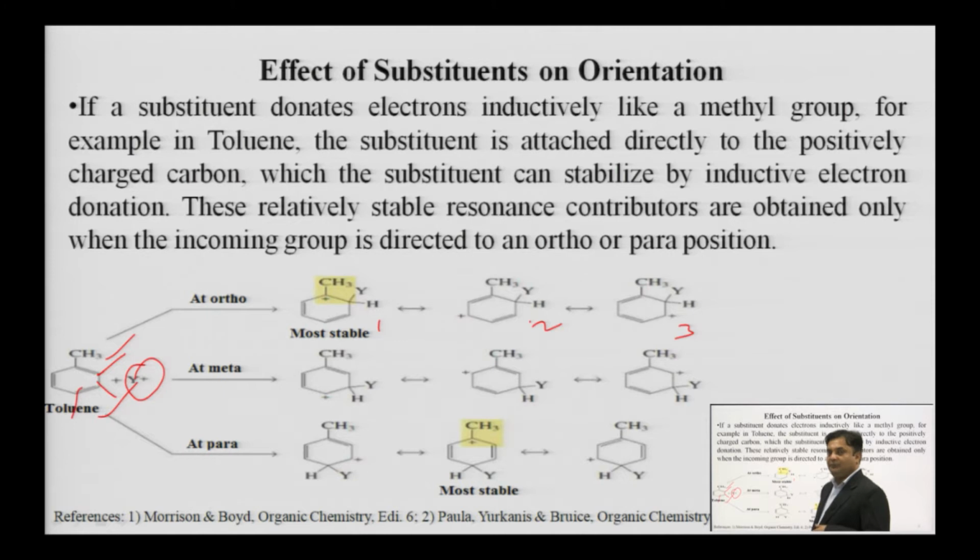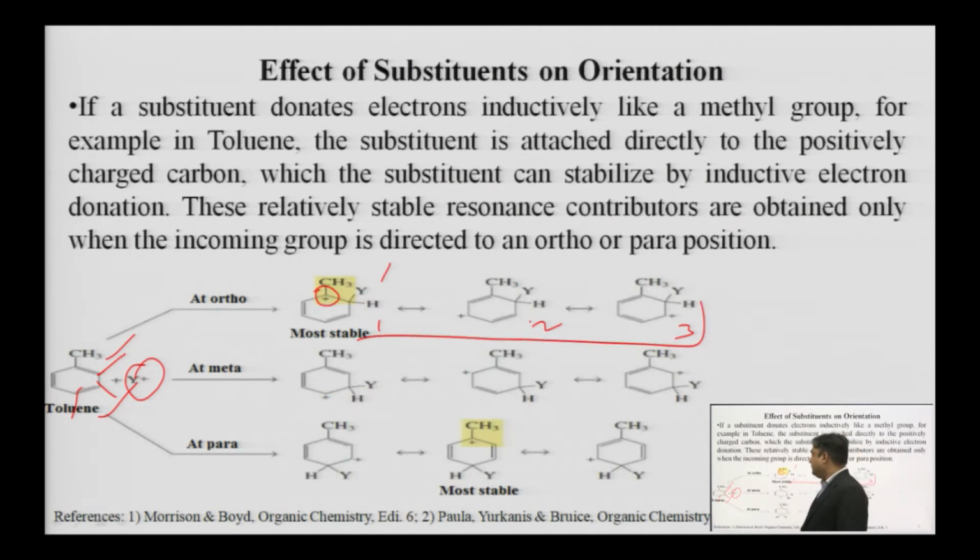But when we examine all 3 resonating structures, we can see that the first structure has a tertiary carbocation, and the next 2 structures have secondary carbocations. This is the most stable among all the 3.